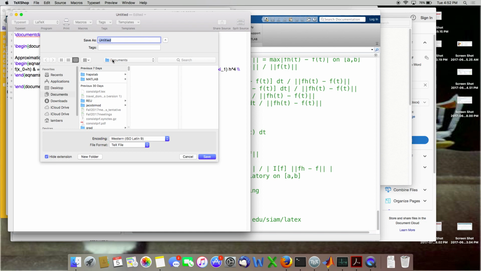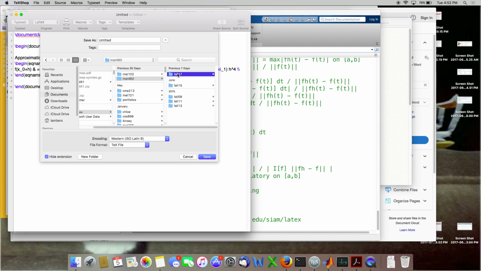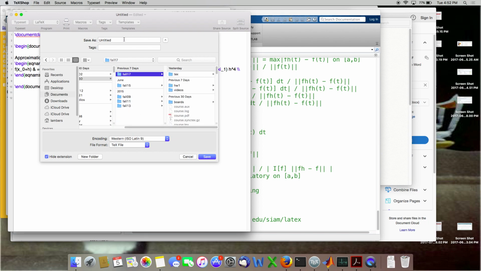Now I need to save this. I'll put it with my other Math 460 documents, and I'll post this on the examples page of the site later. So this is my second derivative approximation I'm talking about.